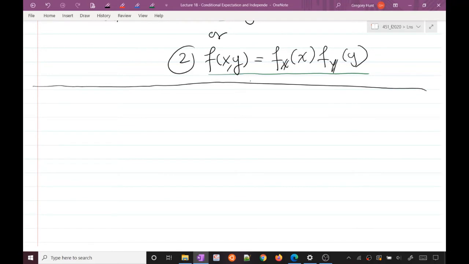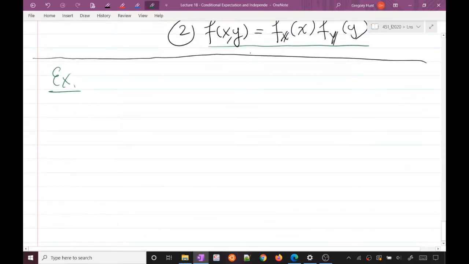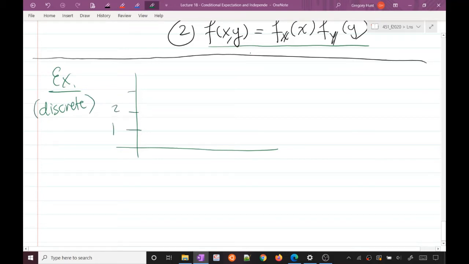So, yeah, let's look at an example. That's probably the best thing to do here. So here, I'm going to have a discrete example. And let's say that y can take on the values 1, 2, or 3, and x can take on the values 10 or 20.